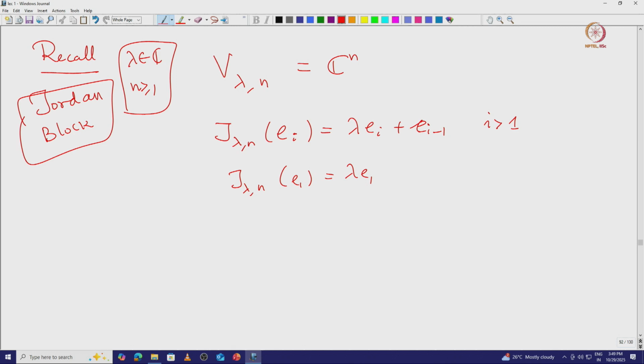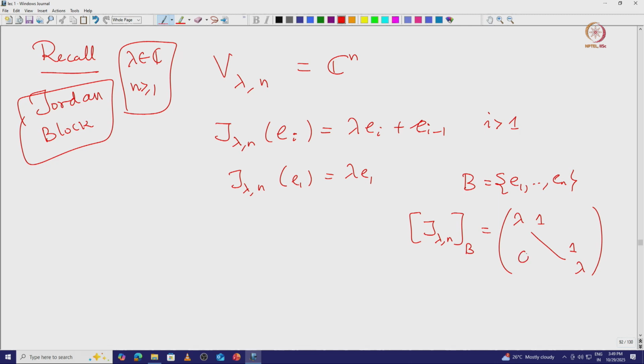If you take this basis e 1 through e n, the matrix of this Jordan block operator looks like the Jordan block matrix, which has lambda on the diagonal and 1 on the upper off diagonal. I have slightly changed the notation so that I have an upper triangular matrix, but there is no big issue, since upper triangular and lower triangular Jordan blocks are conjugate.